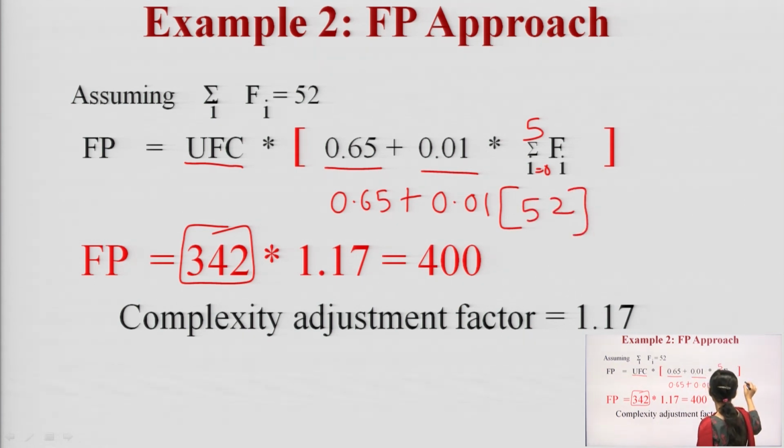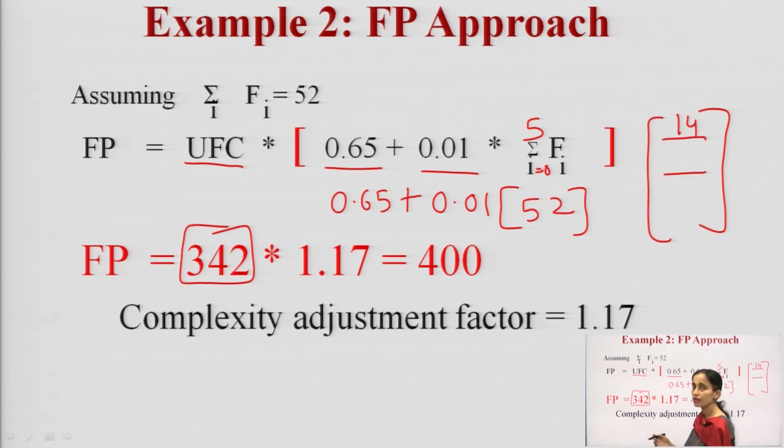This 52 is coming from summing all the 14 values that are given for calculating the function points. So, it comes out to be 0.65 plus 0.52, that is 1.17. So, 342 is given to me into 1.17, that gives me 400.